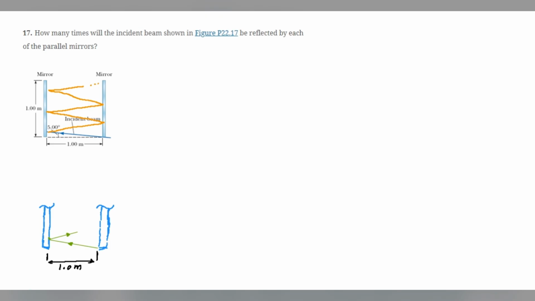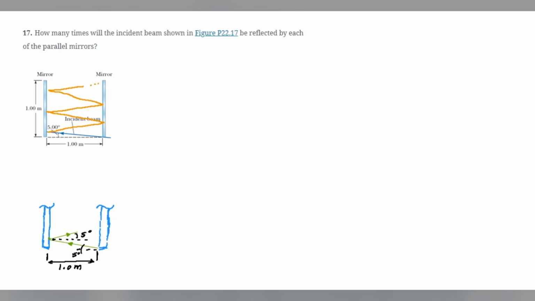Now, what I know is that the angle of reflection is 5 degrees. So if I draw a normal here, I will have that this angle is 5 degrees, and this angle is 5 degrees as well.